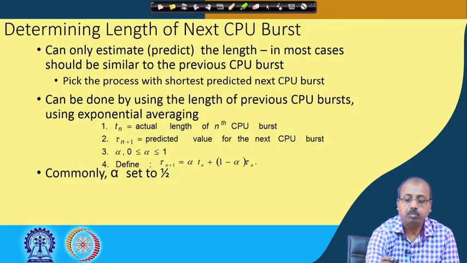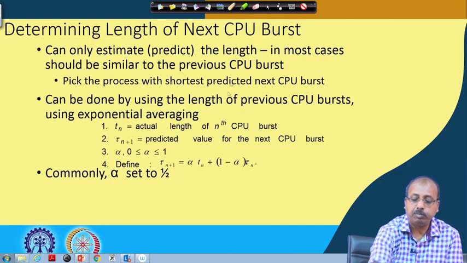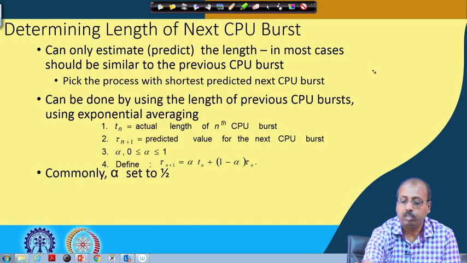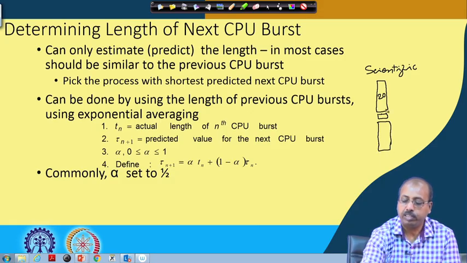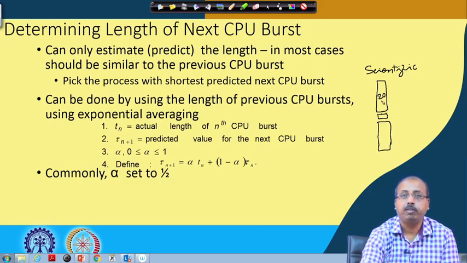Now, it can be observed that if I have got a program which is doing some scientific computation, then it is very much likely that if in one CPU burst it has used, say, 20 time units, then in the next CPU burst, after it has done a small amount of IO and is going to another CPU burst, this CPU burst time cannot be largely different from 20.